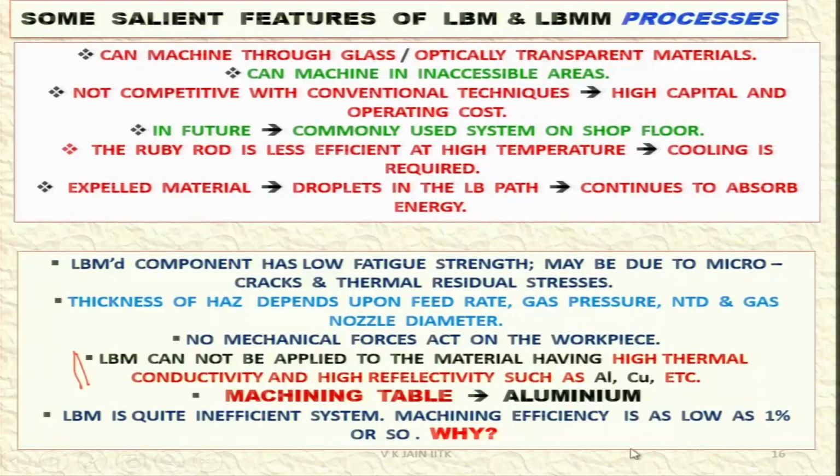Efficiency is as low as 1% or so, because there are so many losses during the production of laser, during the maintaining of the rooms for this laser production, and there is a lot of loss of heat by conduction, convection, and other ways I will show you in another transparency.